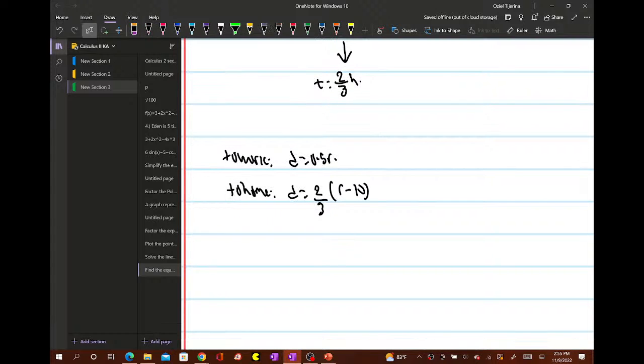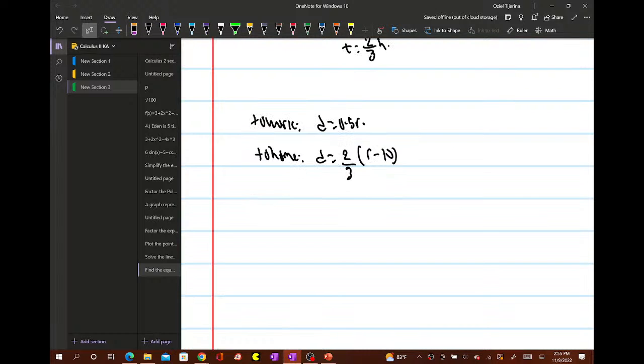So this is a really difficult problem, guys. 0.5 r would be 2/3 times r minus 10, and then 0.5 r equals 2/3 r minus 20 over 3, right?